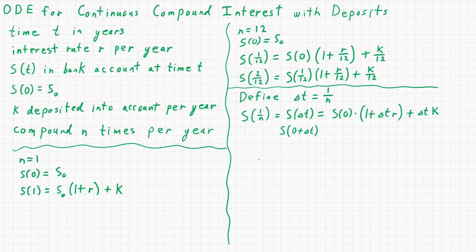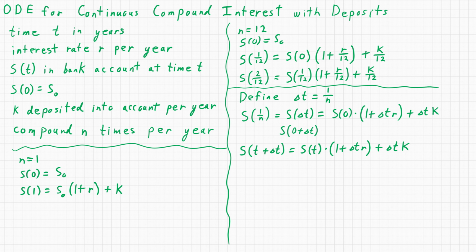So we're going to write an equation where we have S at time t plus delta t equal to S at time t, times 1 plus delta t times r, plus delta t times K. Right, so we have some amount in the bank account at time t. We want to figure out how much is in there after a delta t amount of time, kind of one compounding, and we can figure that out by taking the amount we previously had times the interest rate plus how much was deposited.